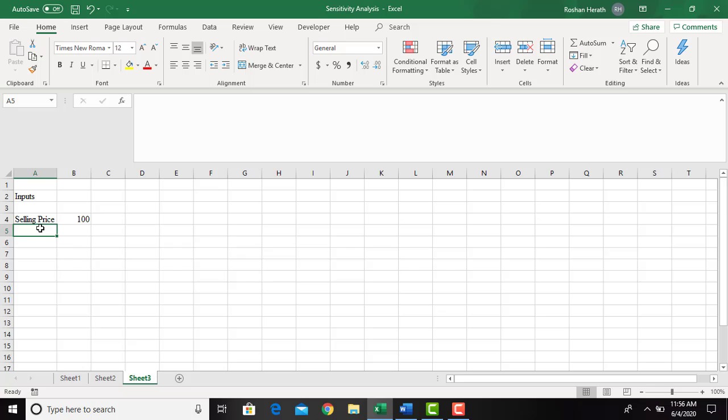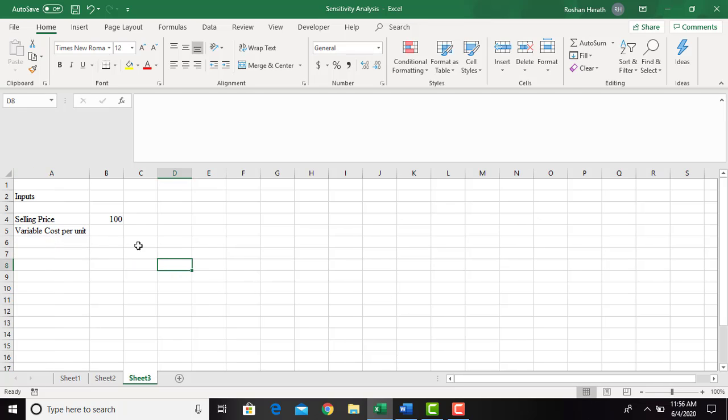Then you may be purchasing this product from outside, so there is a cost involved. We call it variable cost per unit. If you have to purchase this from an outside entity, you have to pay a particular price. So that is what we call the variable cost. Say you are purchasing this at a price of 60 per unit.